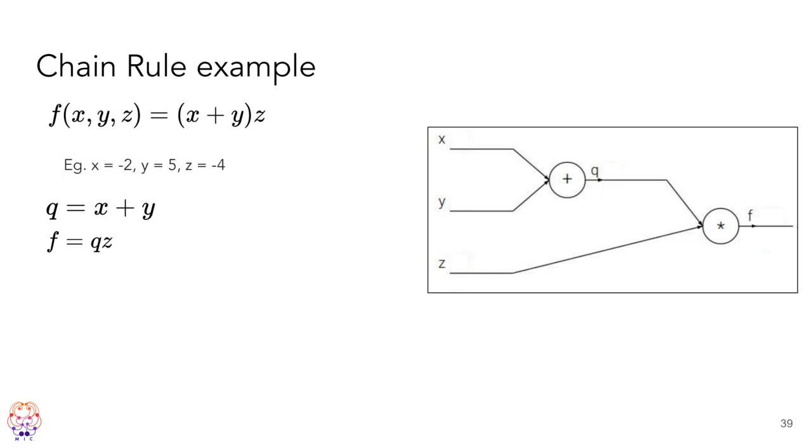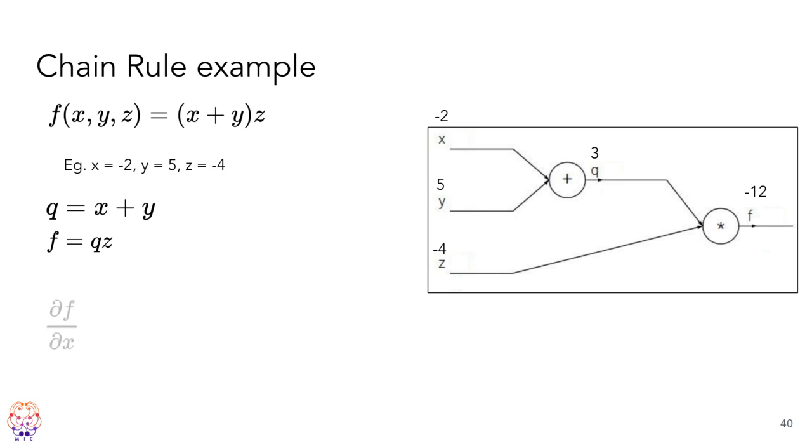All right. So now let's say we input these values for x, y, and z. So we'll put those there. And then through our forward pass, basically we say what is the value of q? Well, it's just the sum of those, which is 3. And then what is f? Well, it's the multiplication of 3 and -4, which is -12.